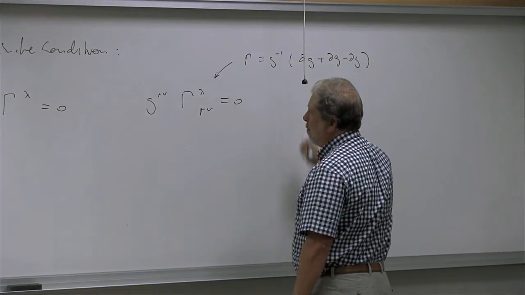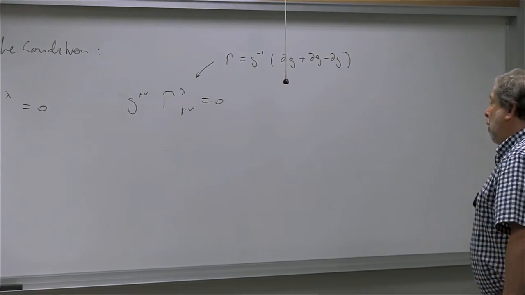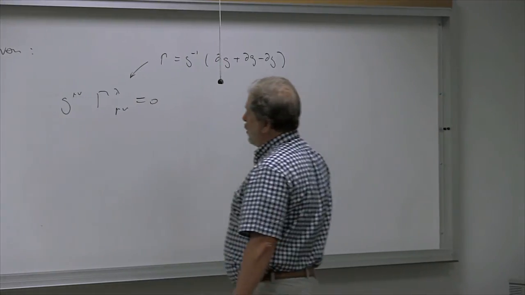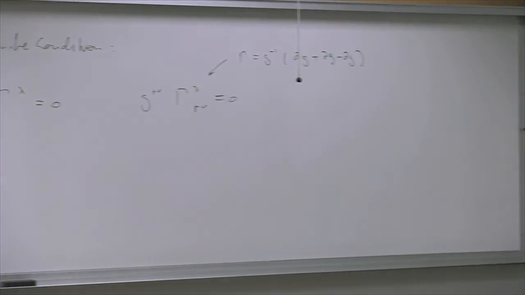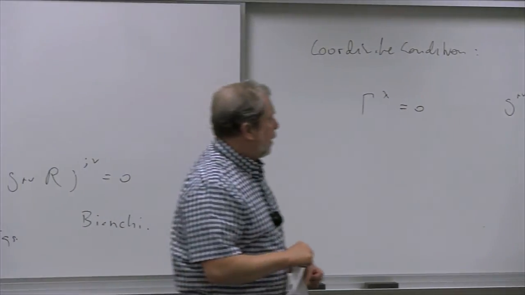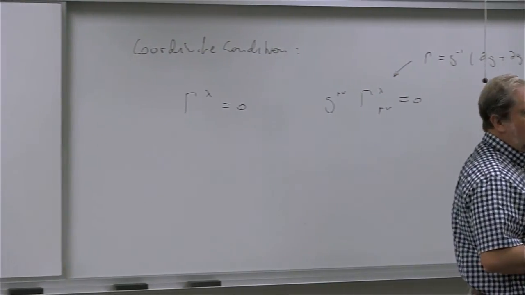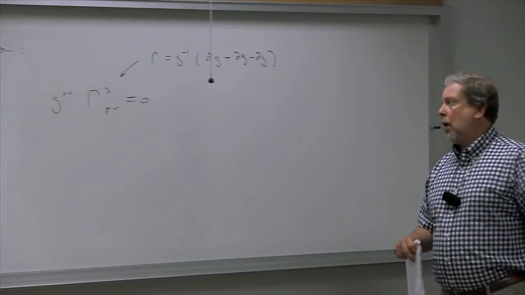So it's going to be some constraint on the metric, which is not particularly transparent, because the gamma is related already in a complicated way to the g.